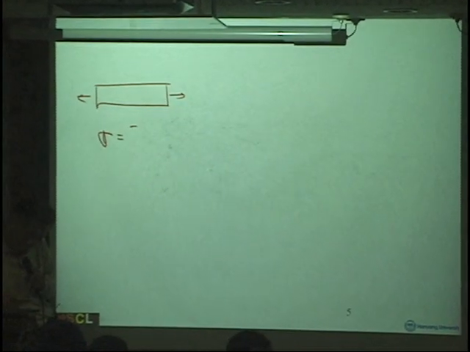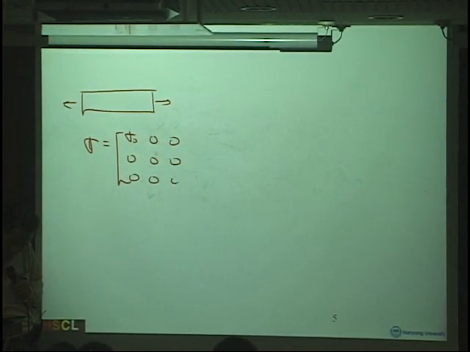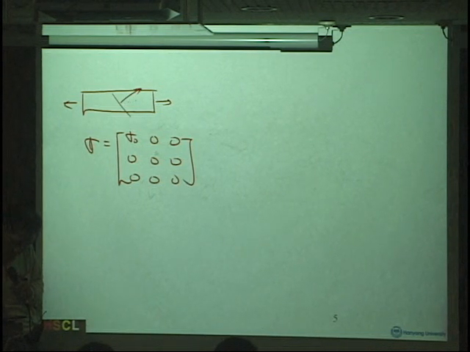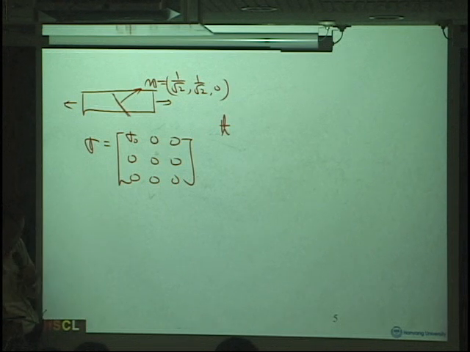The stress state is sigma with zeros everywhere except the xx component, and the normal vector is 1 over root 2, 1 over root 2, and 0. Traction vector means whatever vector appears on this cross section.